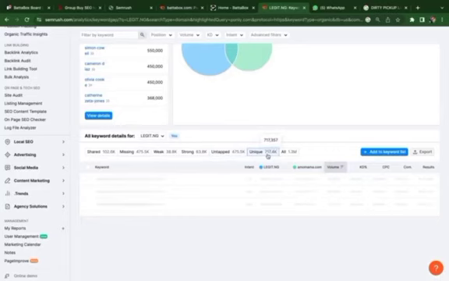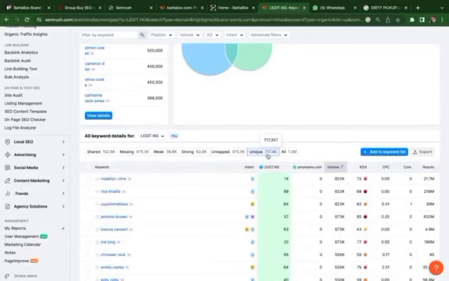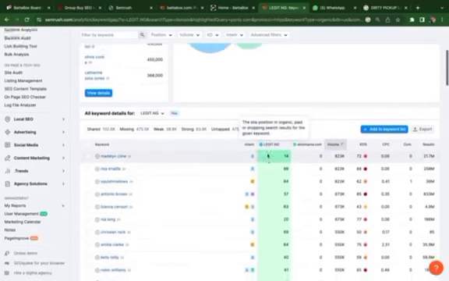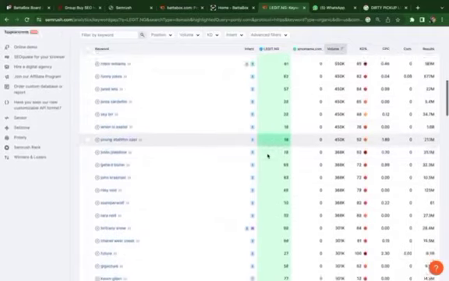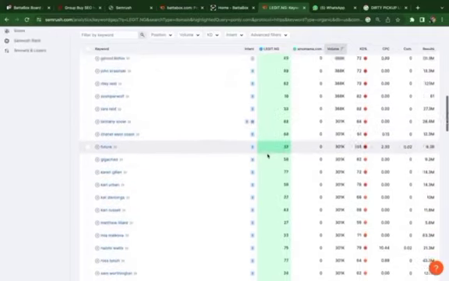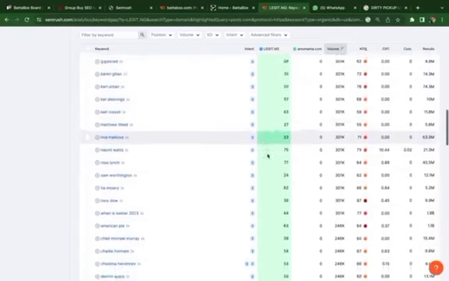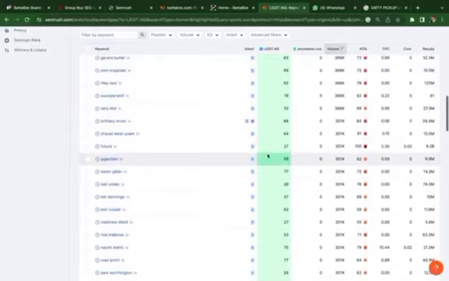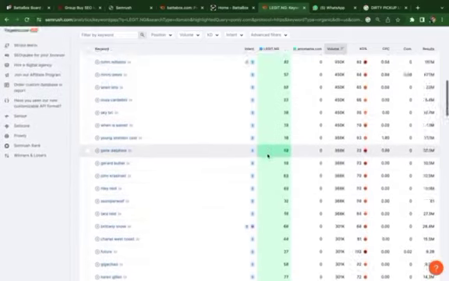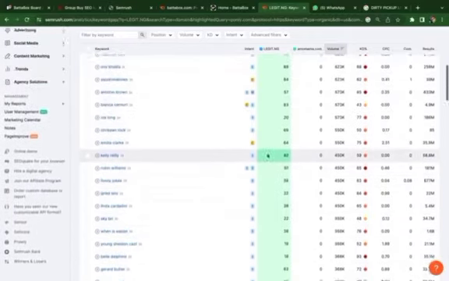Let's see what the unique keywords stand for. Okay, the unique keywords show the keywords that Legit is ranking for, but that Amo Mama is not ranking for, like the keywords Legit targeted that Amo Mama did not. You can see how difficult these KDs are.